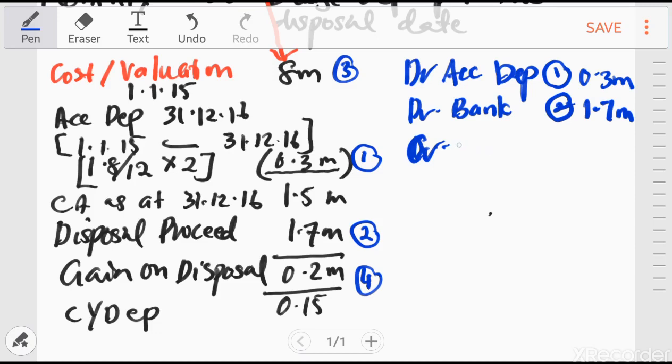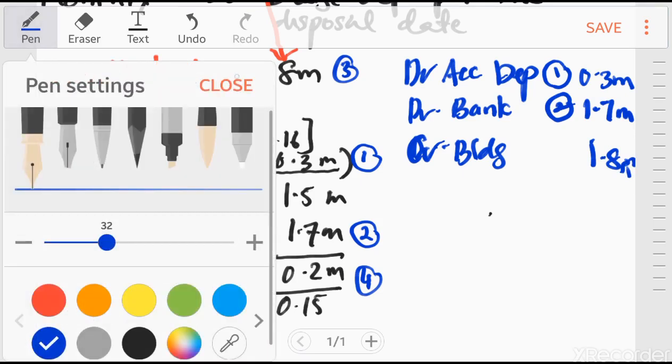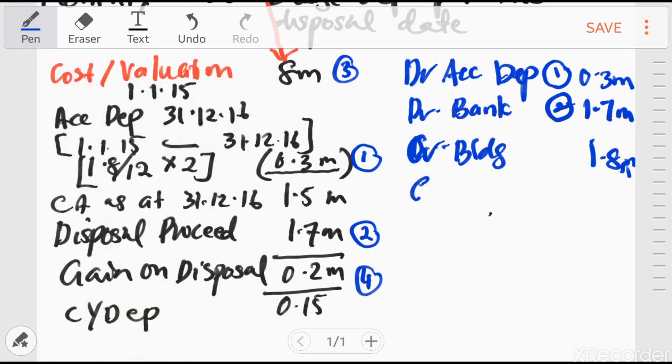So I record the asset that is being disposed, so I will credit building, and our figure here is based on the amount shown in the PPE account, and that was 1.8 million. Next is to record the gain on disposal.